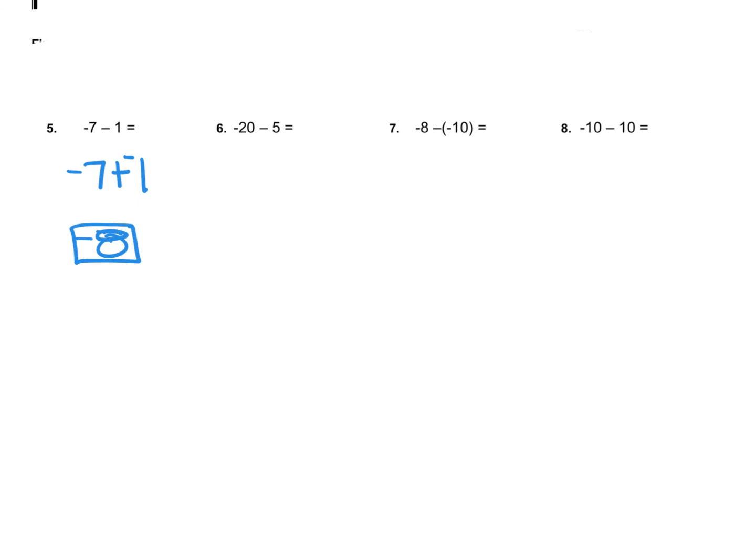Negative 20 minus 5. And again, I'm going to add the opposite, click, click. So I have 20 negatives and 5 negatives. I have the same signs, and so I'm going to add them together, except I'm going to keep my negative there. I have negative 8 minus negative 10.